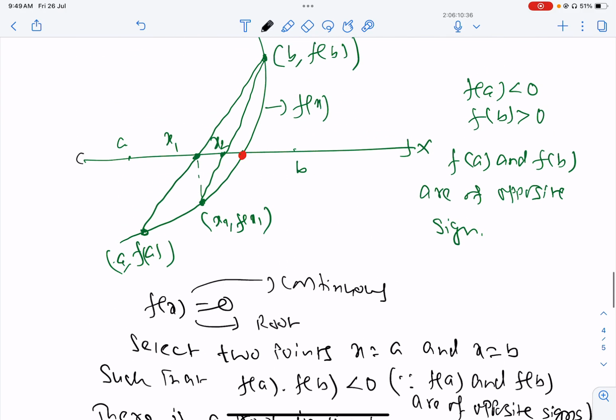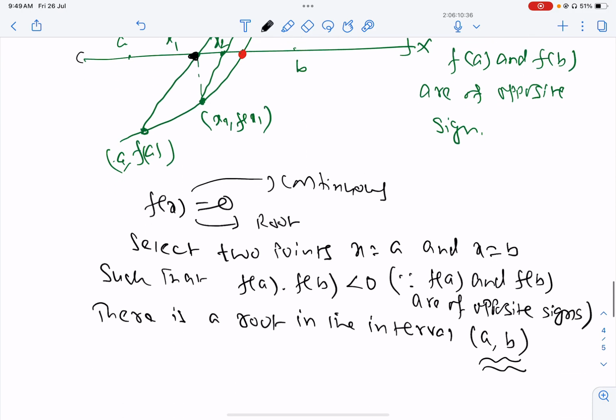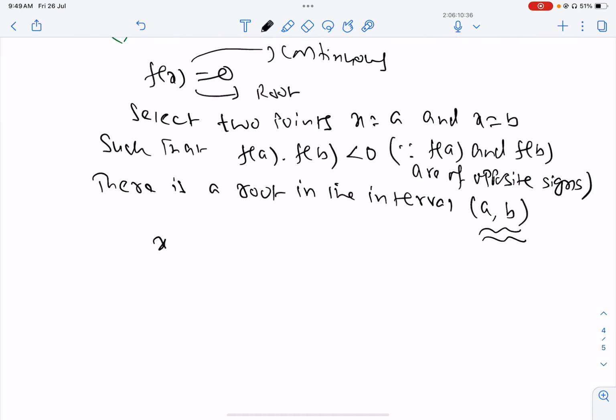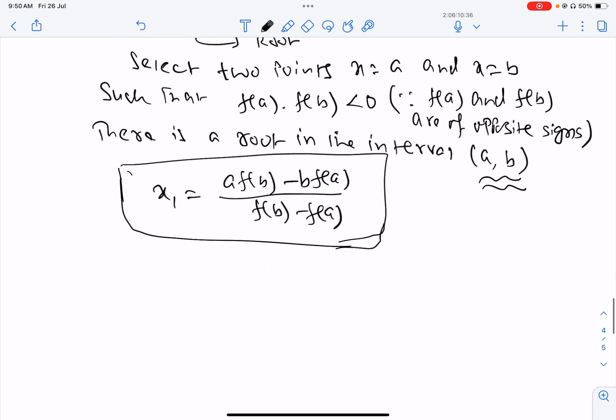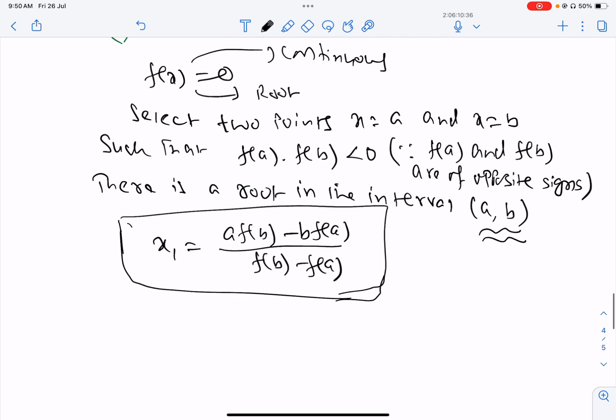So this x1 we have like this: x1 equal to (a f(b) minus b f(a)) divided by (f(b) minus f(a)). This is the way we proceed for the false position, or you can say regula falsi method. This you need to remember.